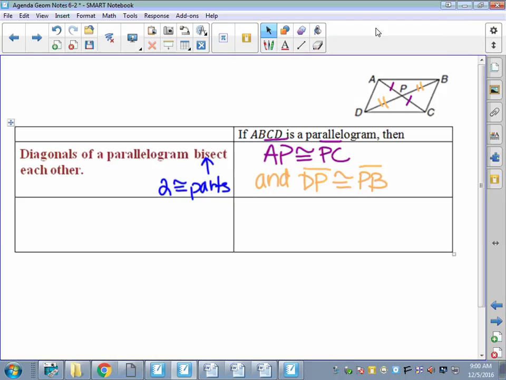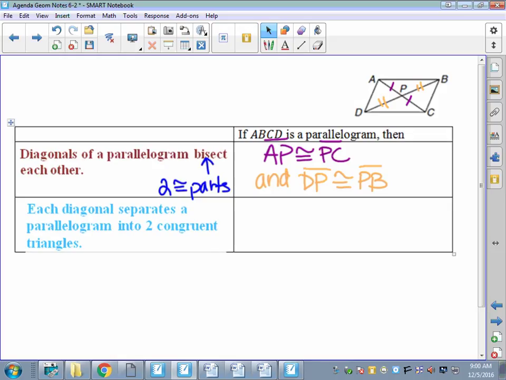And last but not least, each diagonal separates a parallelogram into 2 congruent triangles. It's only going to make sense if we think back to our sides and side angle sides, because we know that we've got our reflexive side.